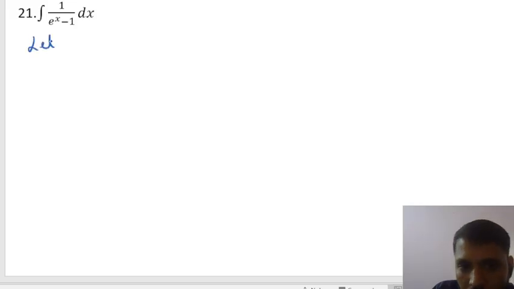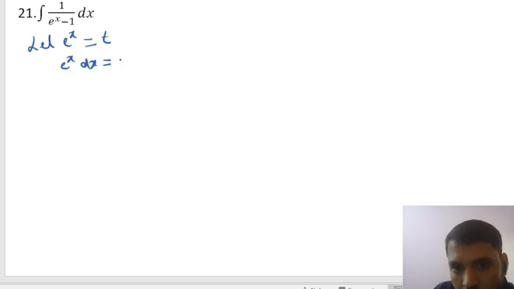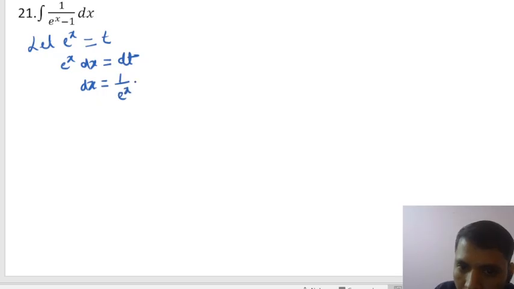Let e to the power x be equal to t. That means the differentiation will be e to the power x into dx is equal to dt. But we have only dx in the numerator, so this can be written as 1 by e to the power x into dt.